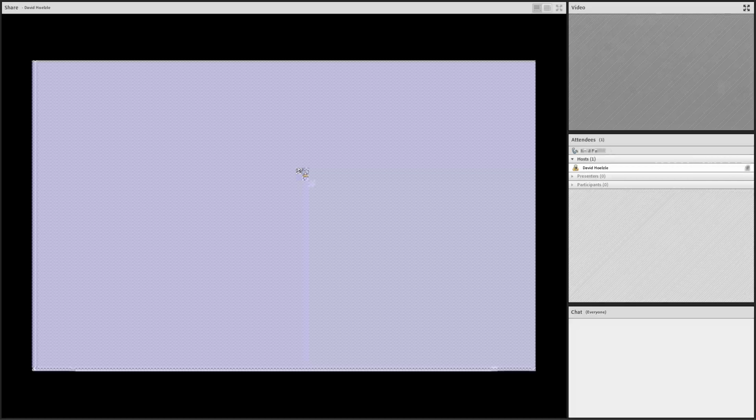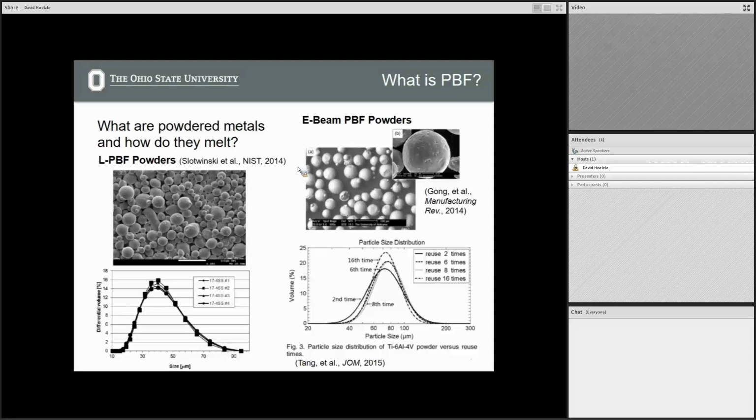So here are SEM images of some common powders that would be used. You can see that they're roughly spherical. You can see ones that are definitely not spherical. Those pop up randomly. You can imagine it's impossible to efficiently tease these out and pull them out, right? So you get a pretty random variation, and the size distribution is also not all one size, right?